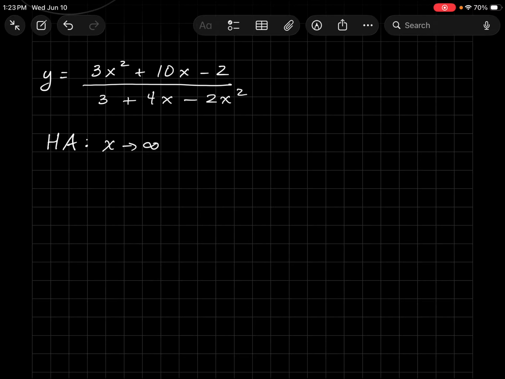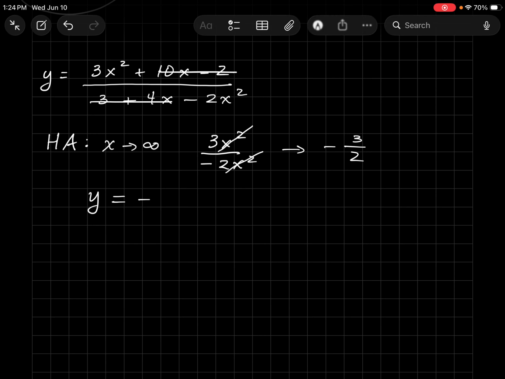I also know that in infinity, the only thing that matters are my highest powers, along with their coefficients. So if I ignore everything else that's not my highest power, I get 3x squared over negative 2x squared. Something really nice happens. My x squareds cancel, leaving me with negative 3/2. So that's my horizontal asymptote. y equals negative 3/2.